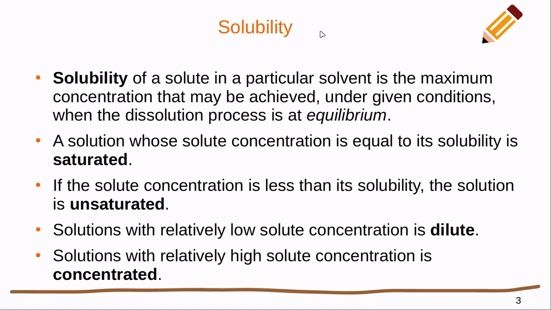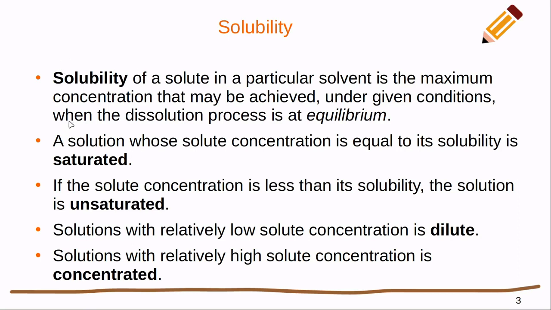First, let's define what solubility is. The solubility of a solute in a particular solvent is the maximum concentration that can be achieved. So it depends on the identity of the solute, and it depends on the identity of the solvent, and it's only true under given conditions. So we've seen that temperature and pressure can both affect the solubility of the solute.